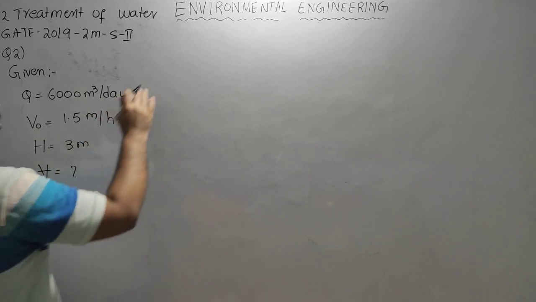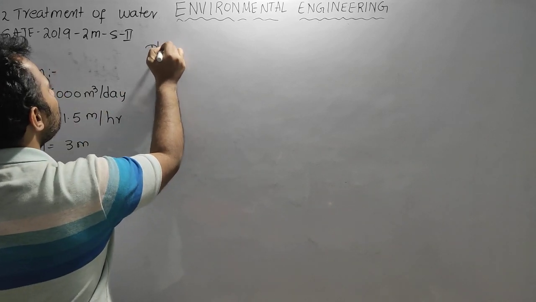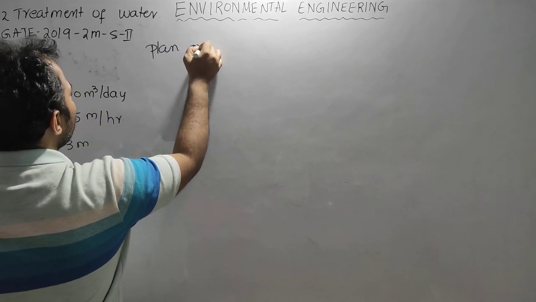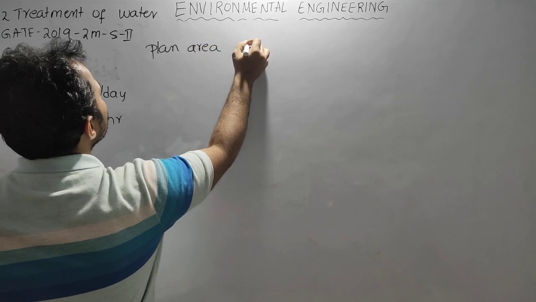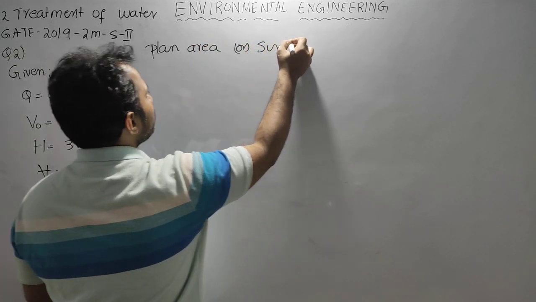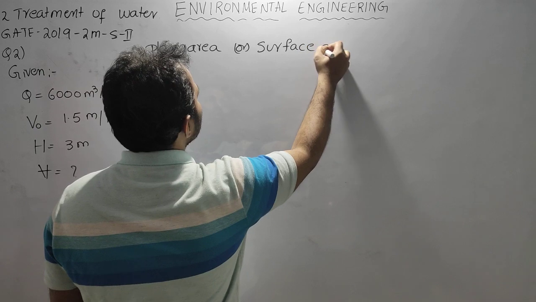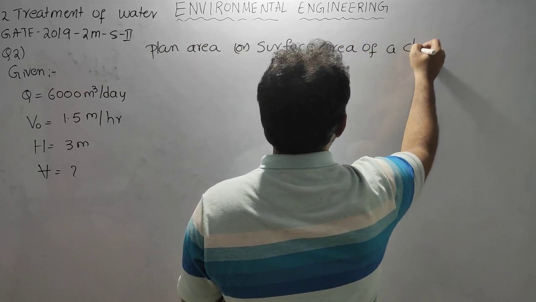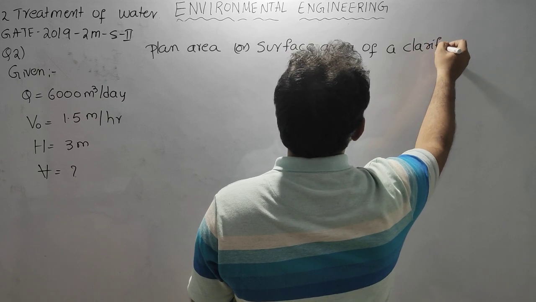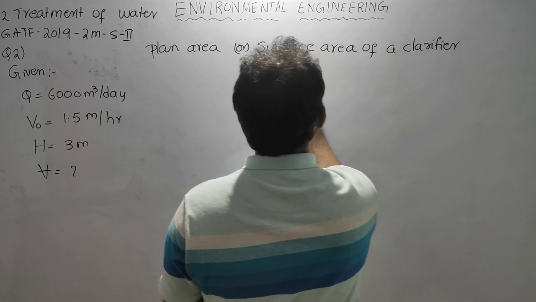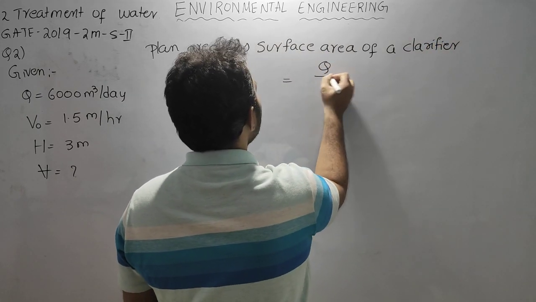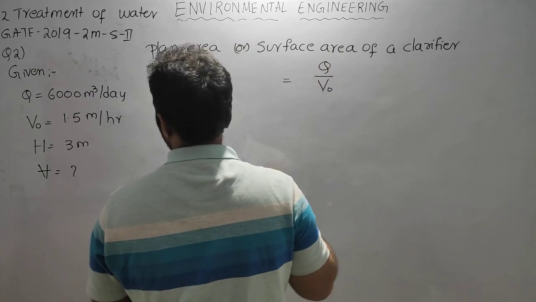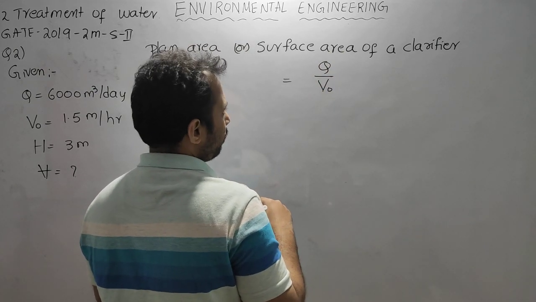Okay, so the plan area or surface area of a clarifier or sedimentation tank is equal to Q by V0, that is Q by overflow rate.